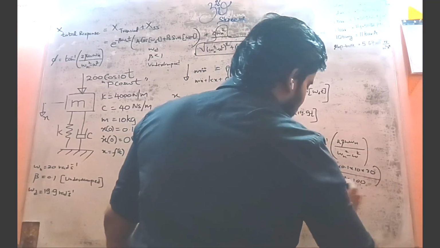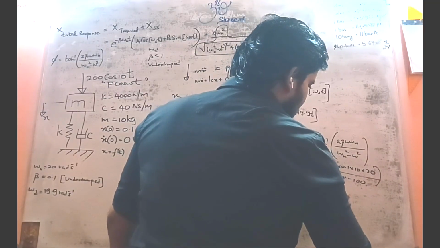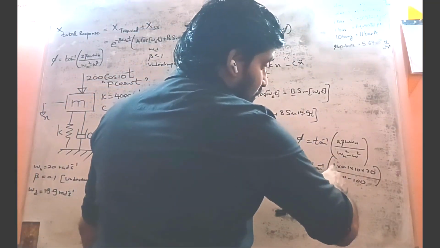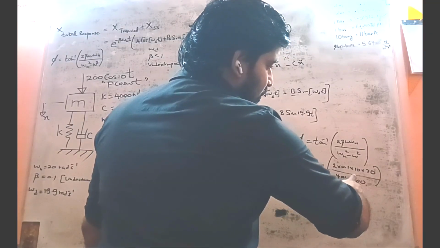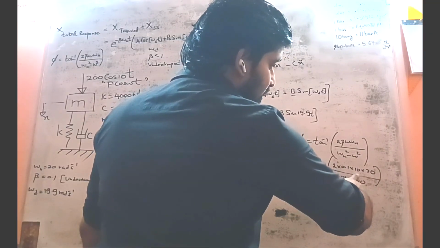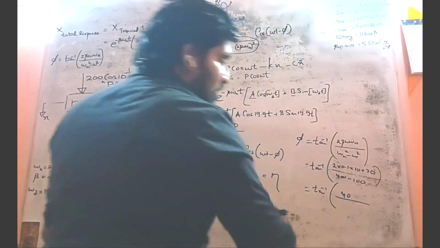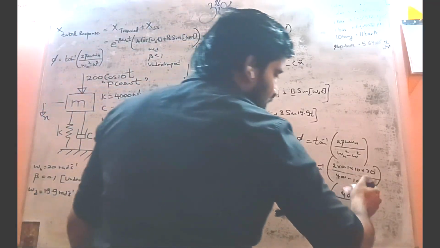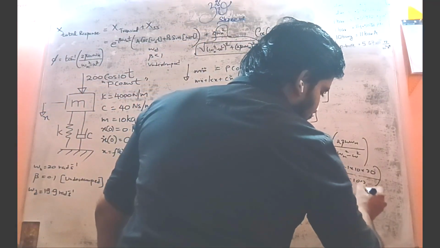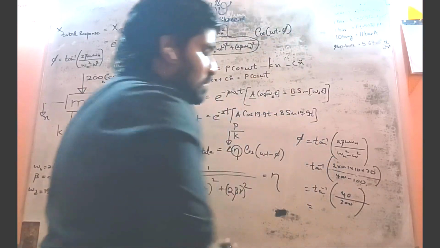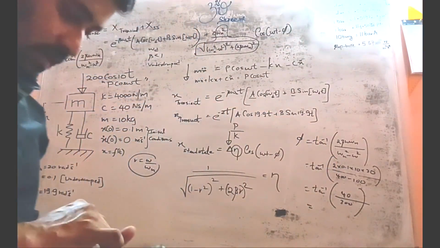So tan inverse of 2 into 0.1 into 10, which is 2, times 20, so 40, divided by 400 minus 100, which is 300. So tan inverse of 40 divided by 300.